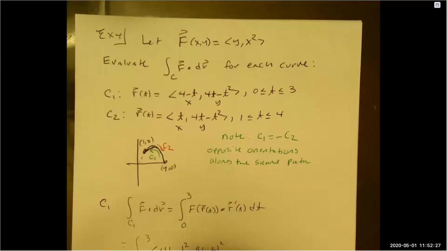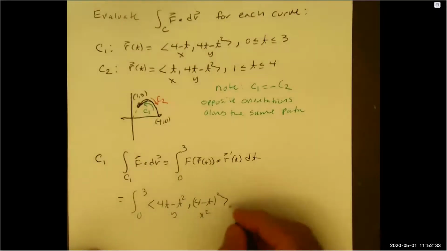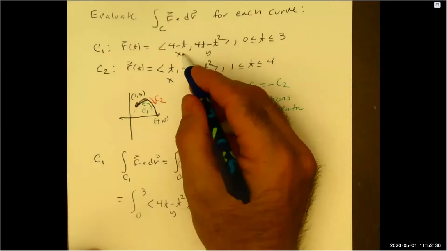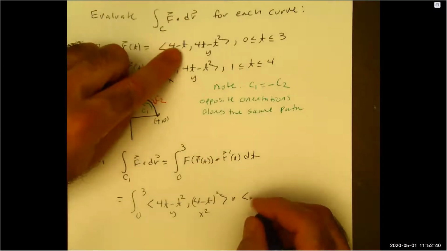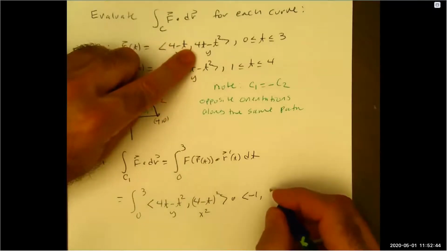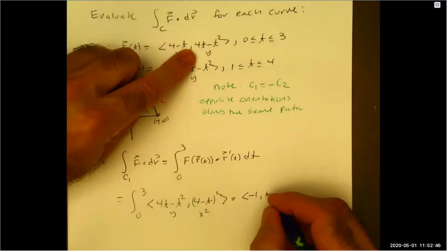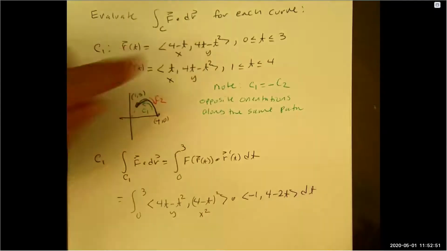So this is the y, and this is the x squared in your vector field. And then we're going to dot this with the r prime. The derivative here is going to be -1, and then the derivative here is going to be 4 minus 2t, and then dt.